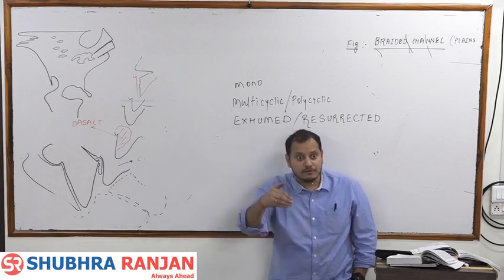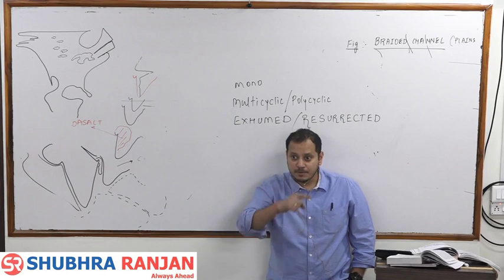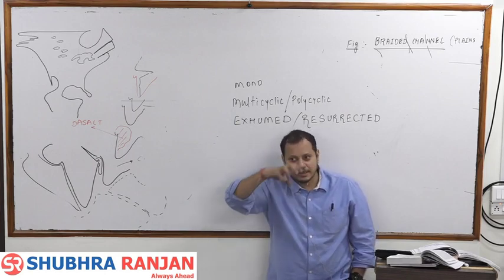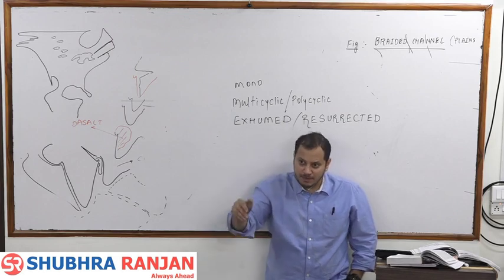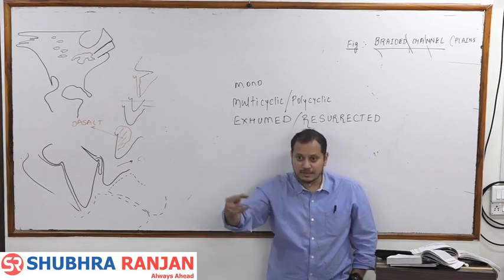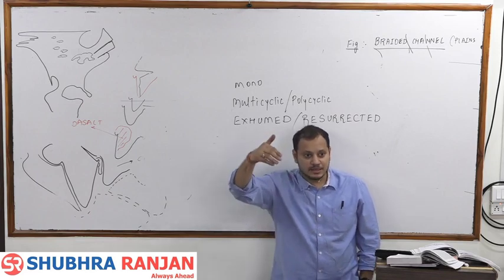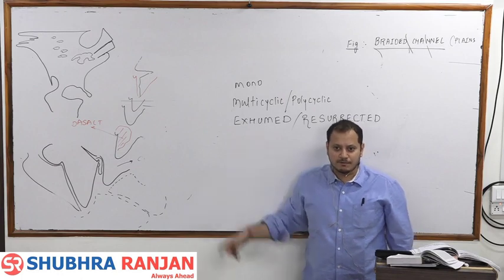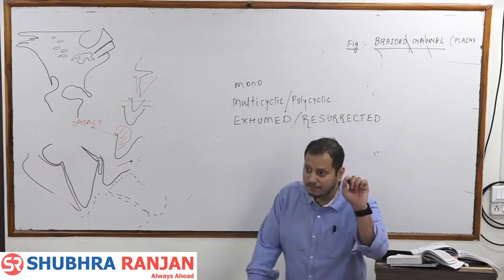Monocyclic landform: it has gone through only one cycle of erosion, maybe only a river has acted on it. Polycyclic landform: it has gone through multiple cycles of erosion. There was a river, then it went below the sea, then glaciers came, it came out of the glaciers, and it is resurrected or exhumed topography.